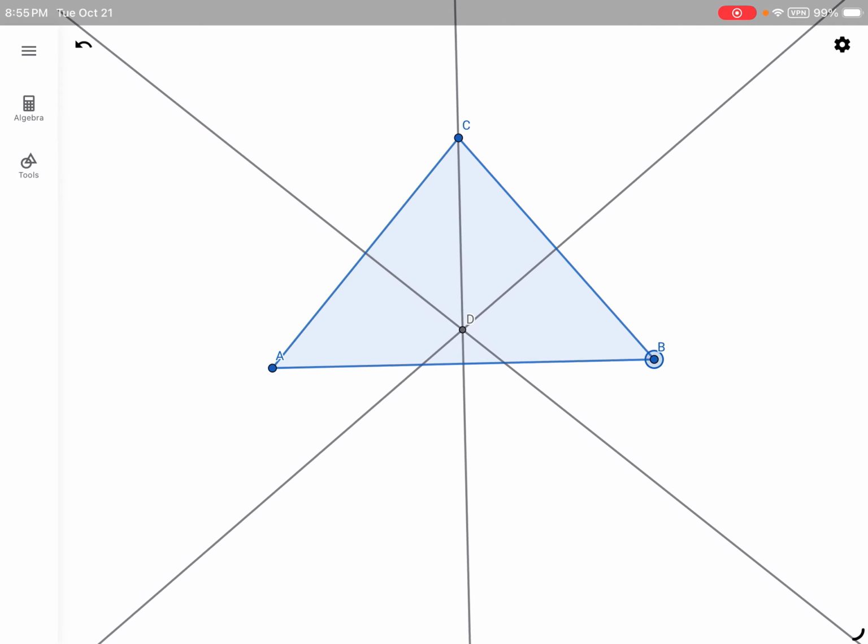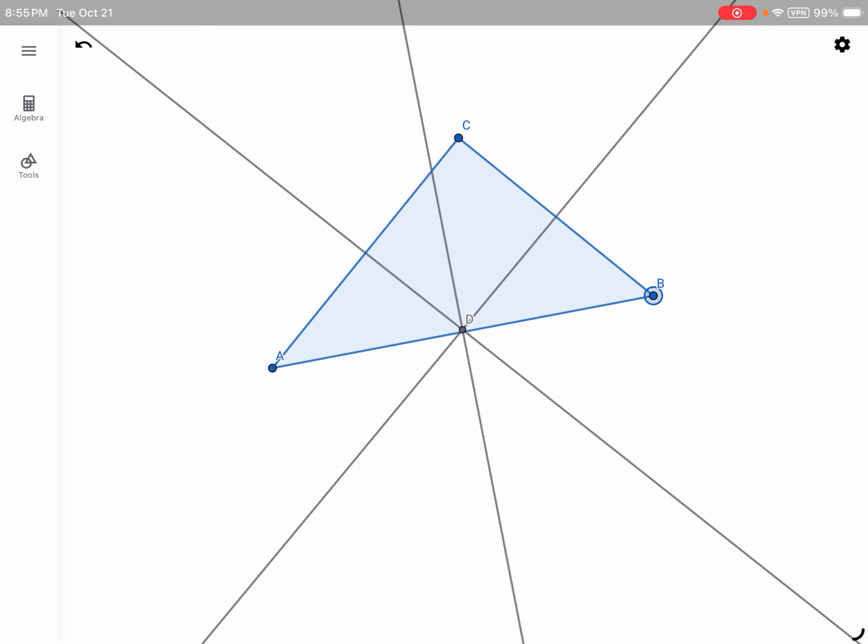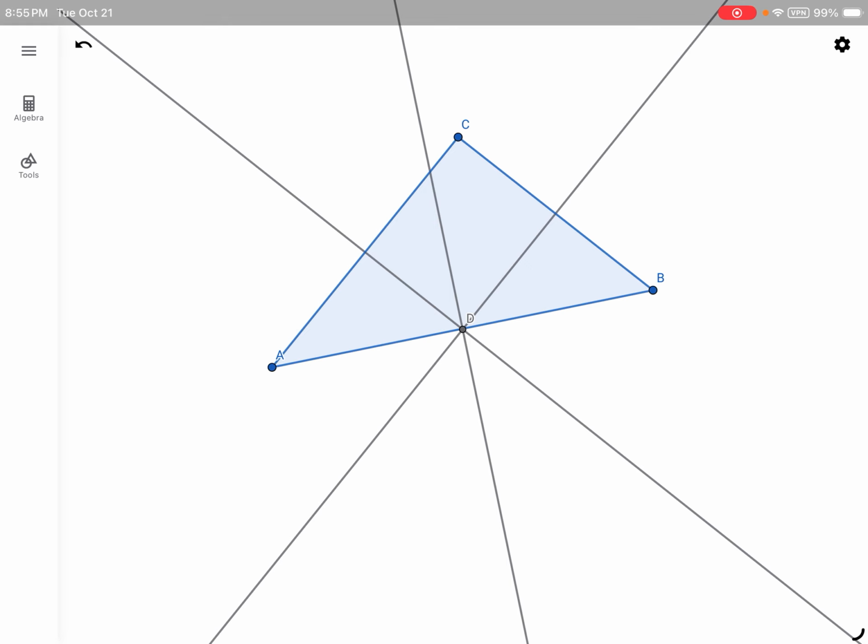If we see D right on the triangle, then the angle that it's across from, so in this situation, C, would then be a 90-degree angle. So that's kind of cool. Wherever that circumcenter is tells us something about the angles in the triangle. Huh, that's kind of cool.